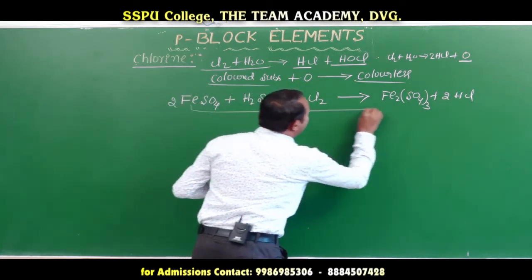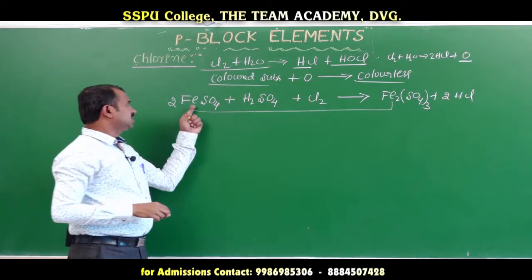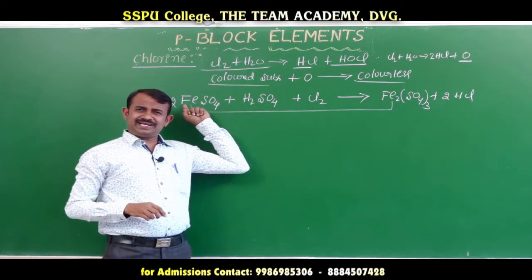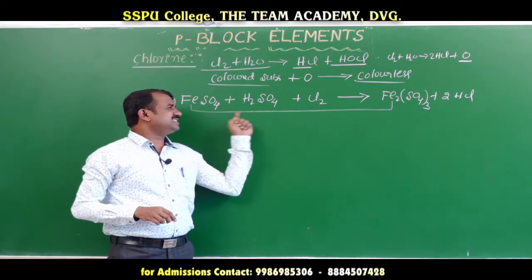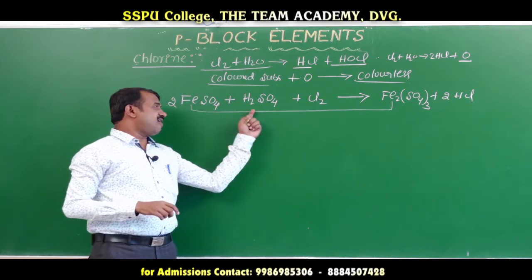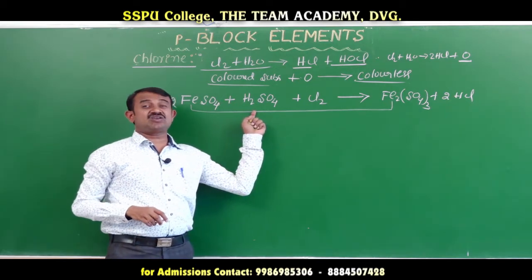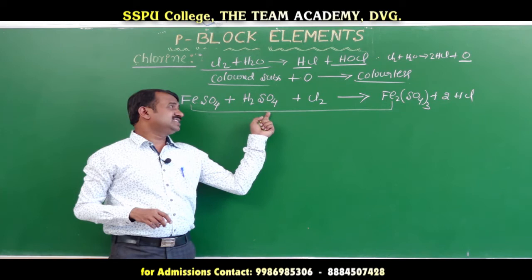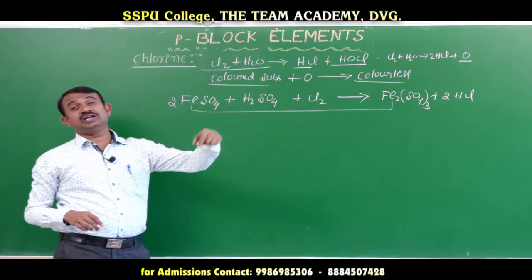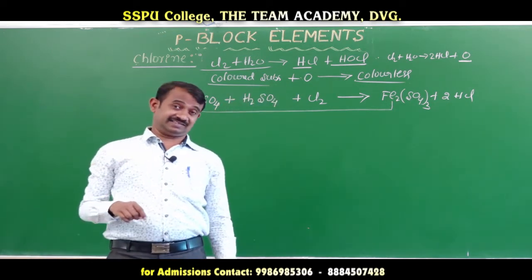Here the oxidation state increases. An increase in oxidation state means oxidation, so ferrous sulfate is the reducing agent, but chlorine acts as an oxidizing agent.